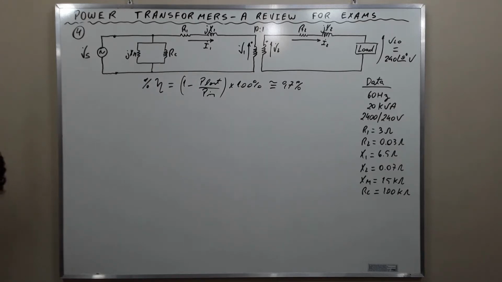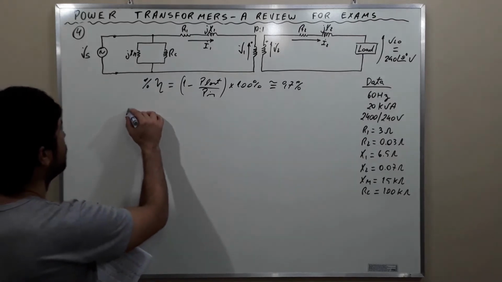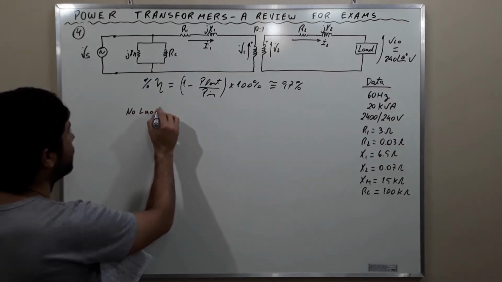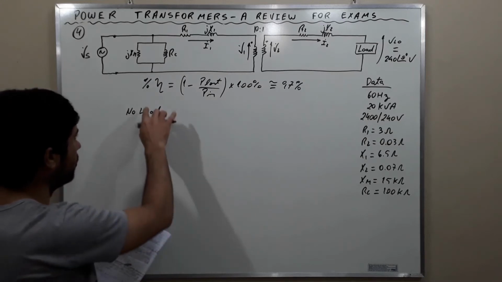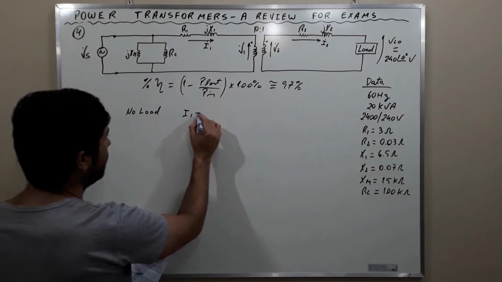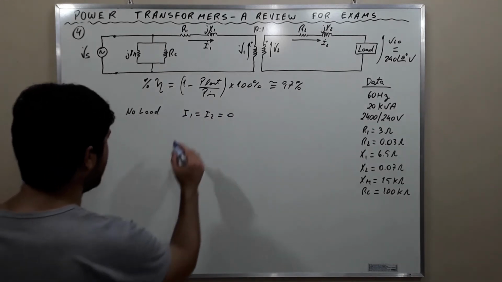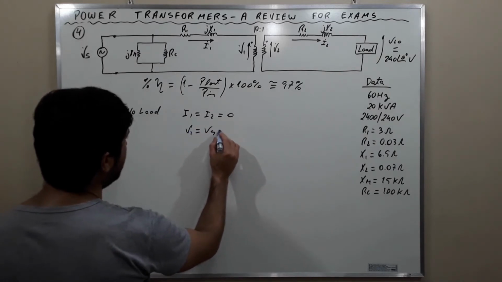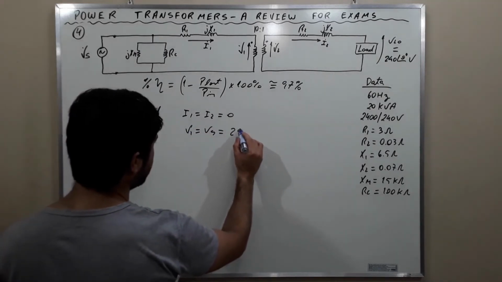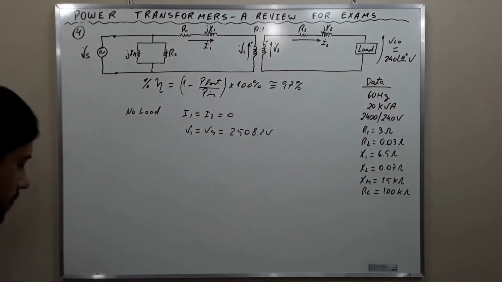Subsequently, we determine the no-load voltages to calculate the regulation. The no-load condition is the one where I1 is equal to I2 equal to 0 amperes. And in this way, V1 is equal to Vs, which is 2508.2 volts. Okay?